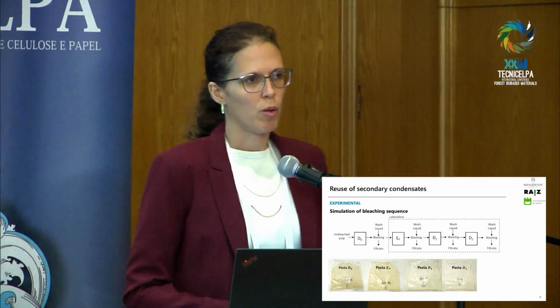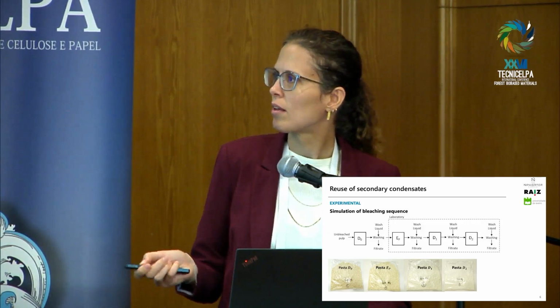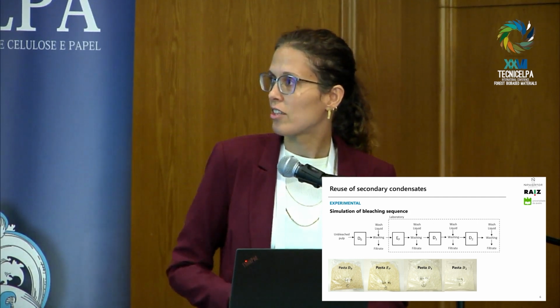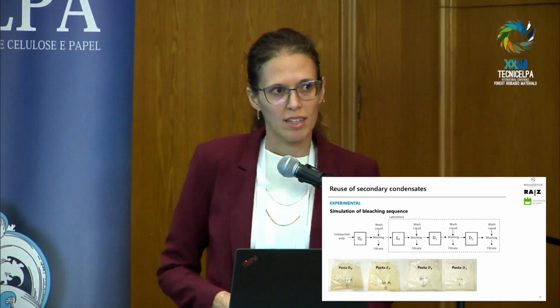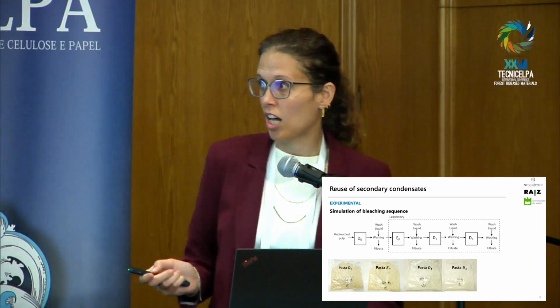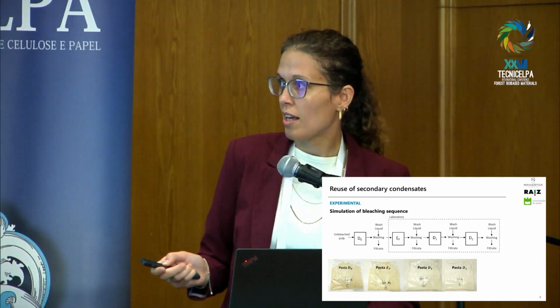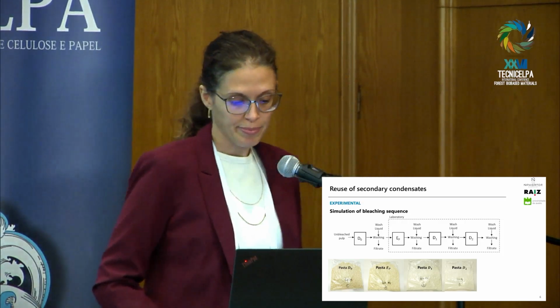We got the pulp from the mill after the first chlorine dioxide stage, and then we simulated the rest of the sequence in the laboratory. So the first alkaline extraction, then 2 chlorine dioxide stages, each of them followed by a washing step.